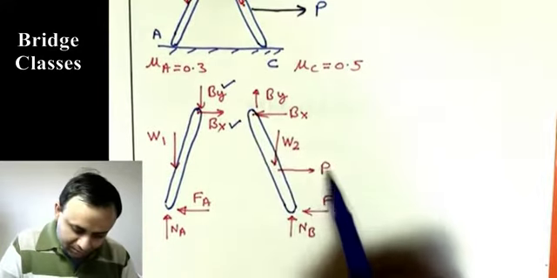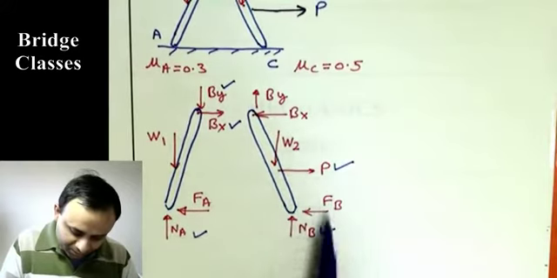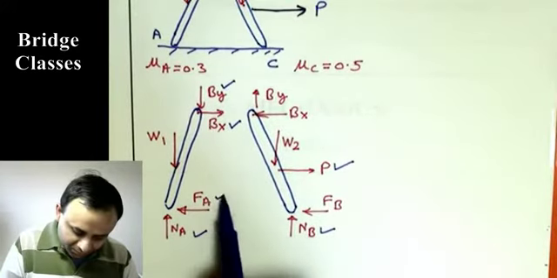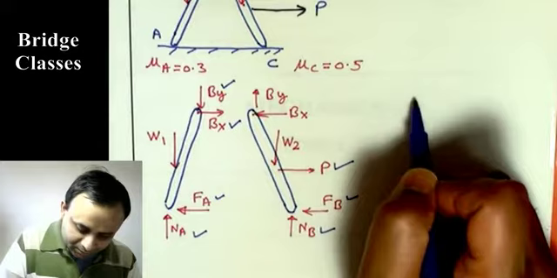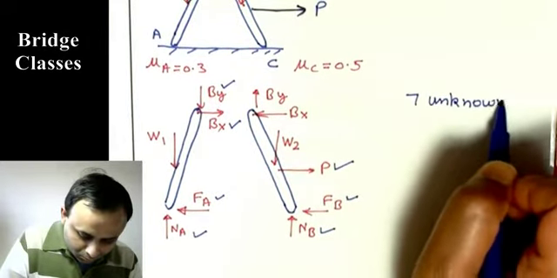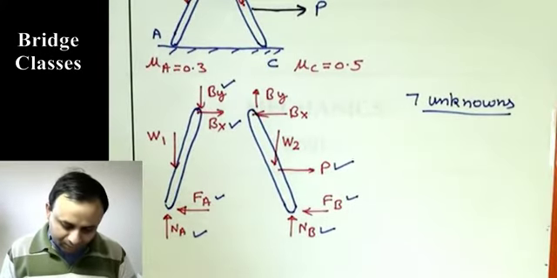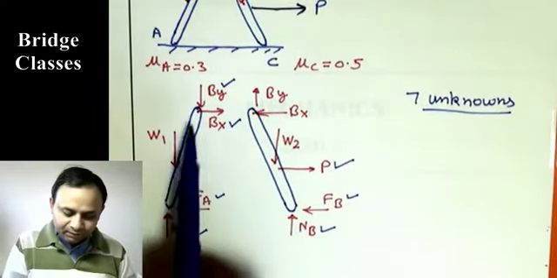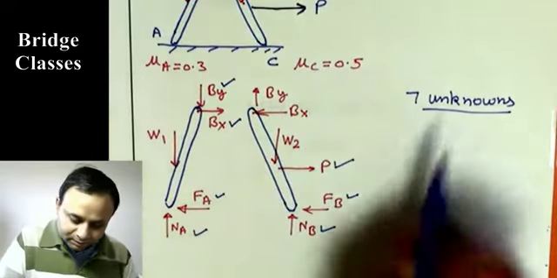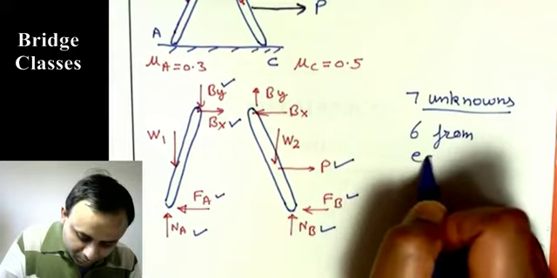By, Bx, P, Na, Nb, that is 5, and Fa and Fb. There are total 7 unknowns. And we can write 6 equations of equilibrium, 3 for this, 3 for this. So 6 equations we will have from equilibrium.